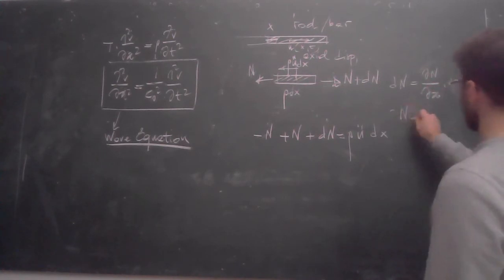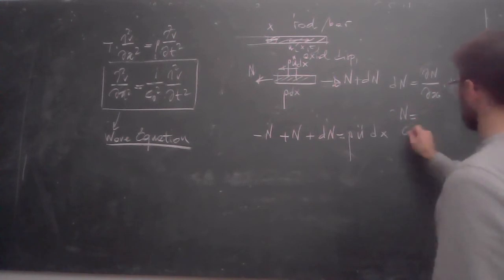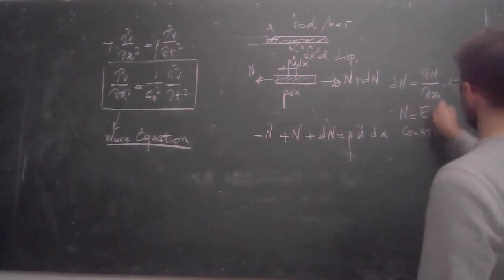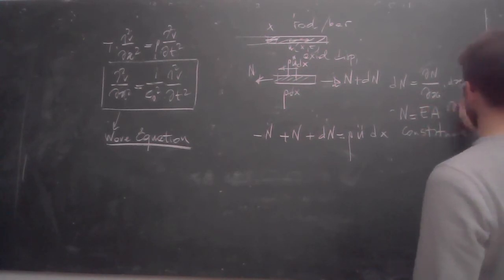But for N, the constitutive equation is EA, the axial rigidity, times the axial strain, du over dx.